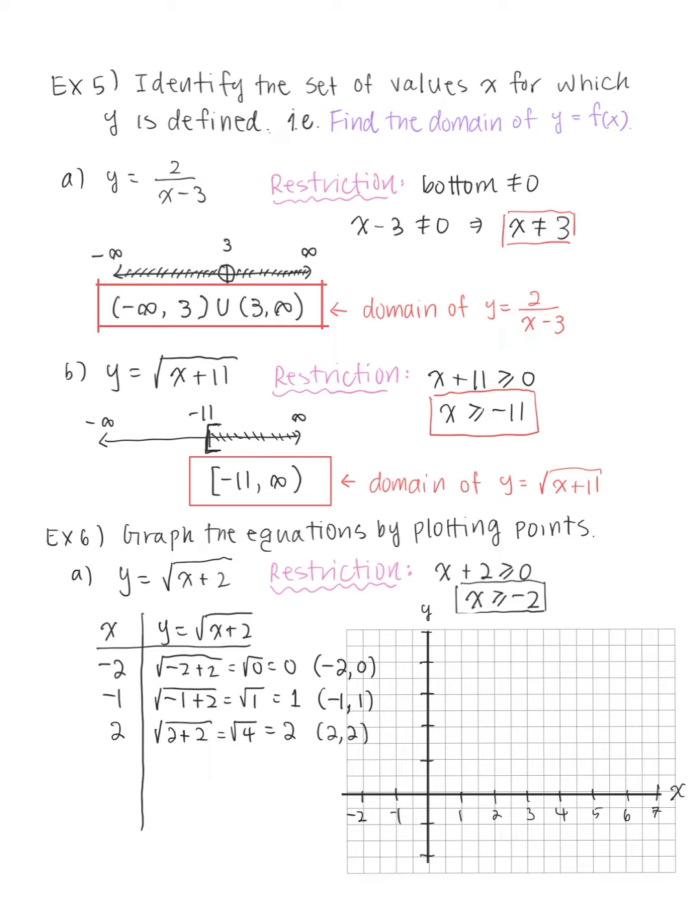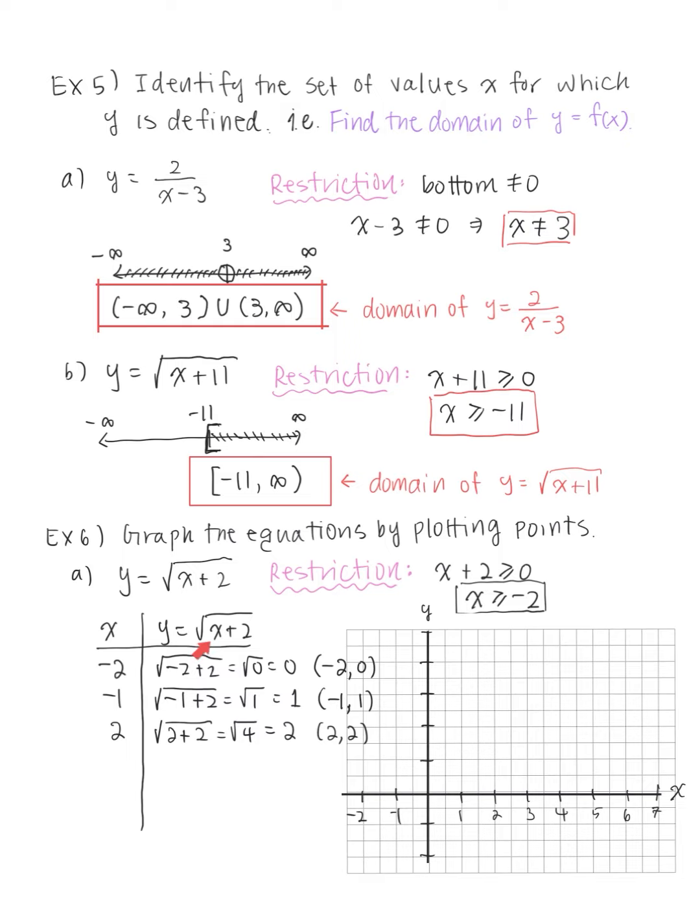Okay, so what's the next one? Well, if it's 3, then we're going to get the square root of 5. That's another decimal. Let's not do that. What about 6? What's 6 plus 2? Square root of 8? Nah, right? And what about 7? Now, 7 plus 2 becomes 9, right?